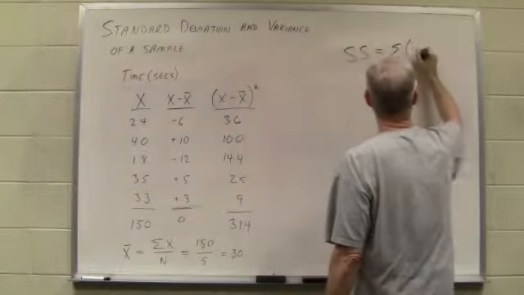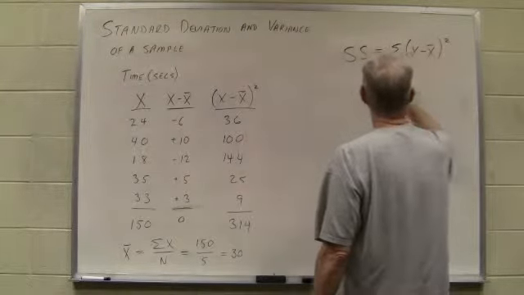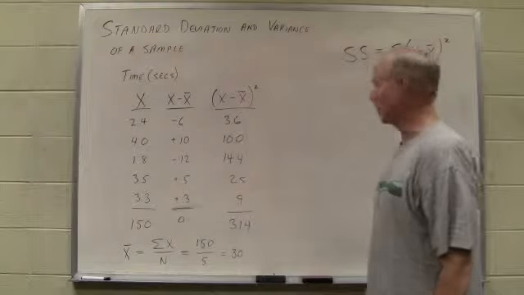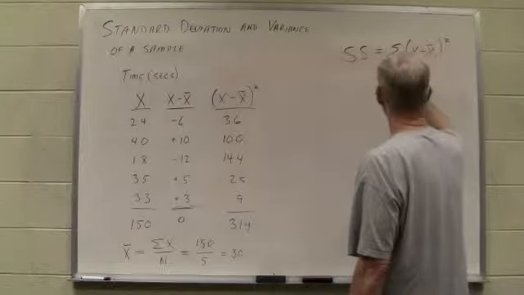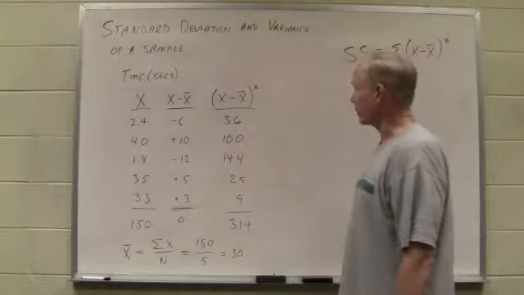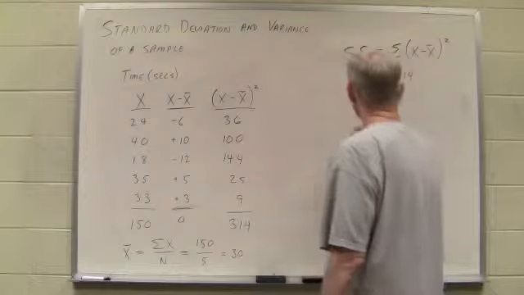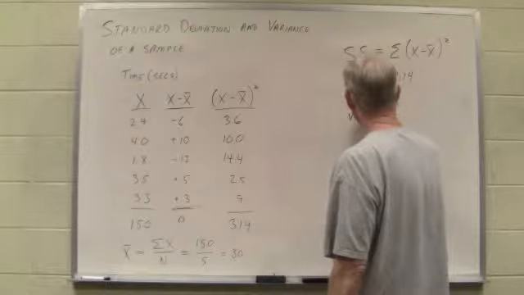We have simply summed up all of the squared deviations around the mean and come up with 314. If that's the sum, it would be very simple to simply take an average of that, and in fact, that is what the variance is.